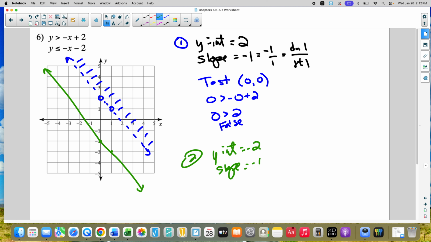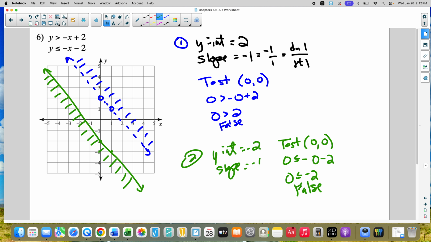I'm going to test the point 0, 0, and is 0 less than or equal to -0 minus 2? That's false. 0 is not less than -2. So I'm going to shade away from 0, 0 in respect to the green line. So it looks like that.